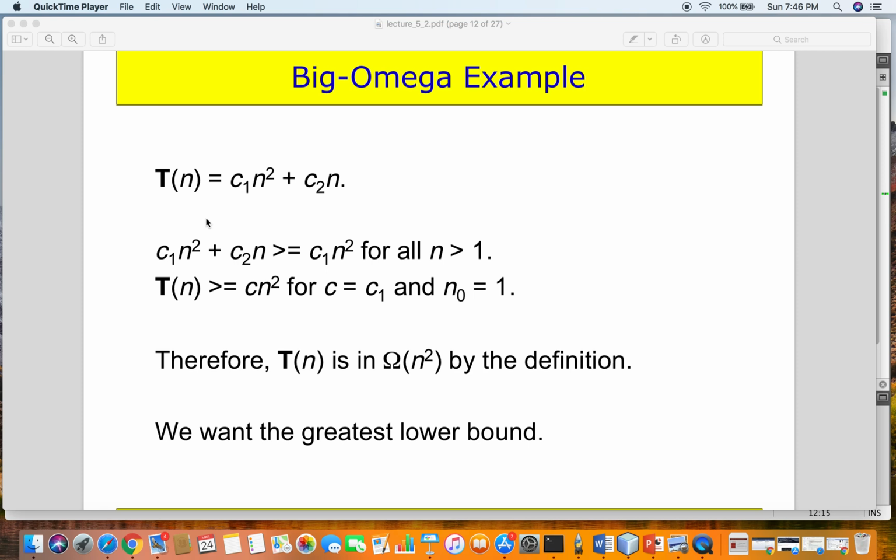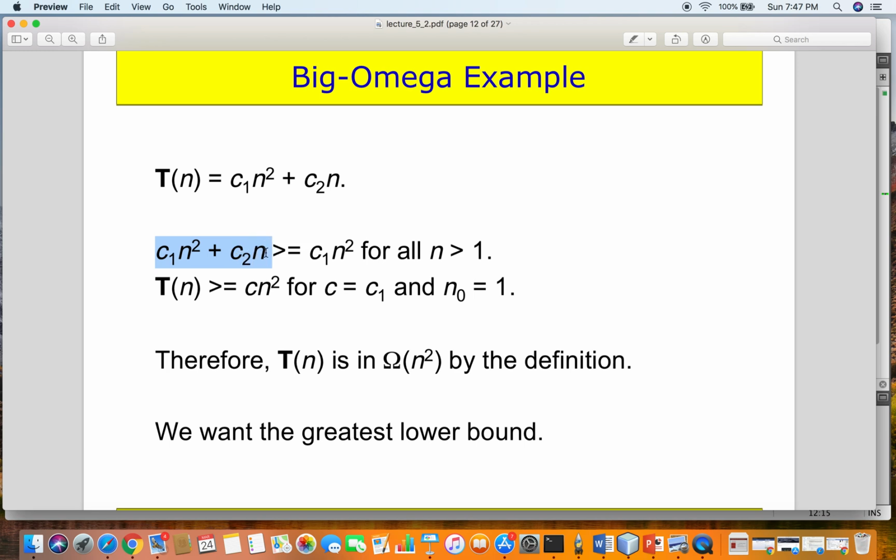So for T(n) equals c1 n squared plus c2 n, the example. We have to write something which is less than or equal to that, and it should be the greatest lower bound. So we have to write c1 n squared. We can write 1 here, or we can write just n divided by 2 or something like that, but that is not the greatest lower bound.